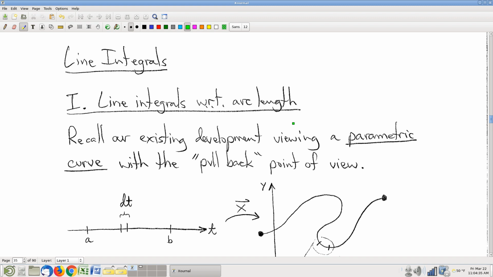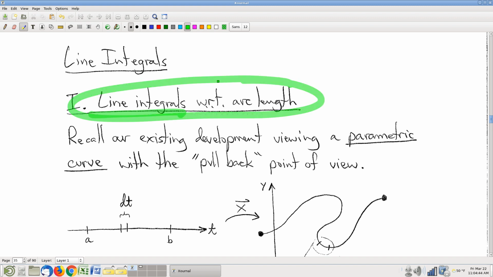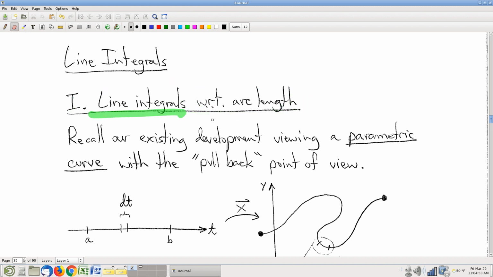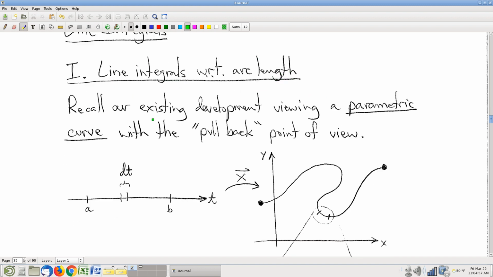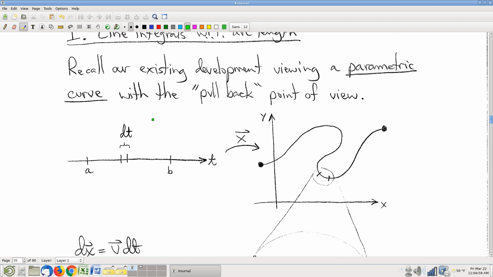Well, here we are with integral number 5, called a line integral. I'm going to further refine that and say a line integral with respect to arc length. You'll see why I need to include this little clause later on. We're going to call back to that in a little while. But for the moment, line integral. So again, we kind of vaguely referred to the notion. Suppose you have some curve in space, and again, suppose you want to do a chop it up, add it up.